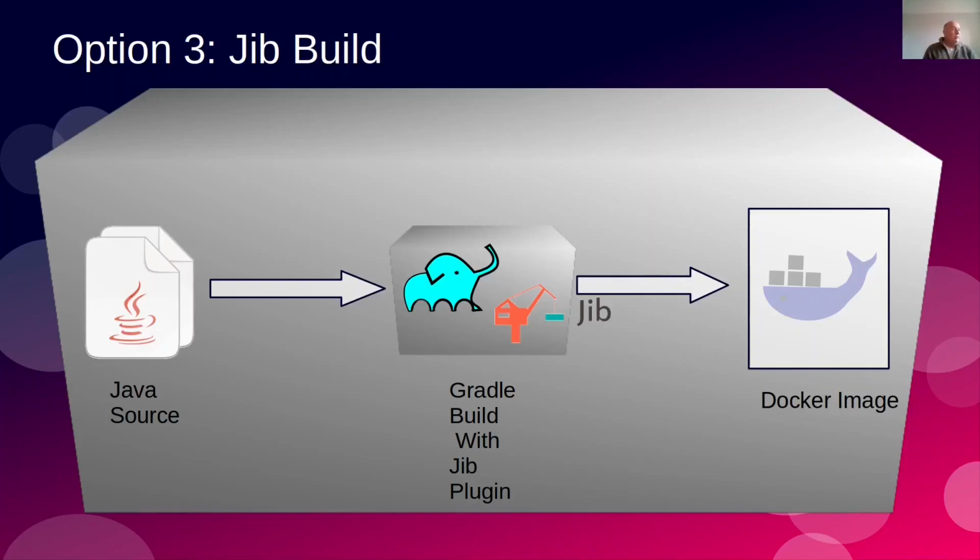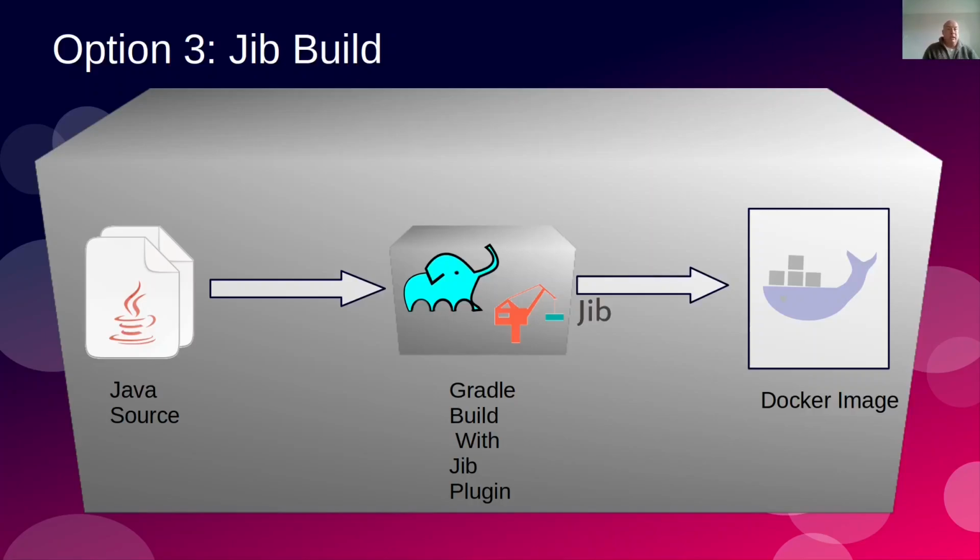Okay, now we're moving on to option 3, using a Jib build. So Jib is a Gradle and Maven plugin. It can be used within the standard Java build process to take a Java project and build a Docker or container image directly out of it. It can be done even without having Docker installed on the build machine.